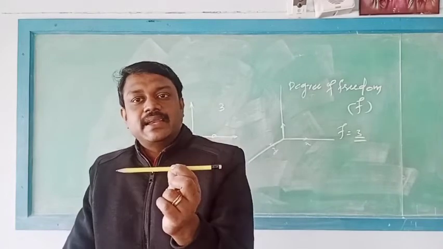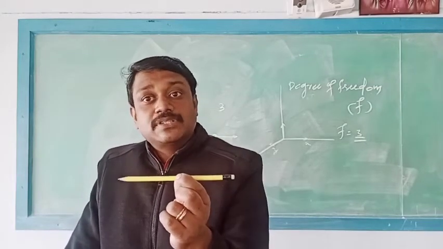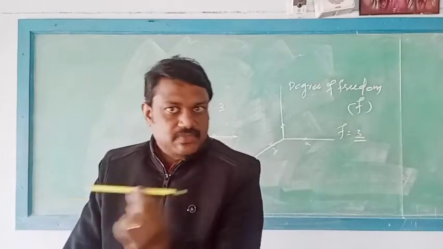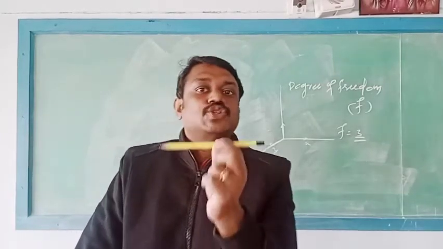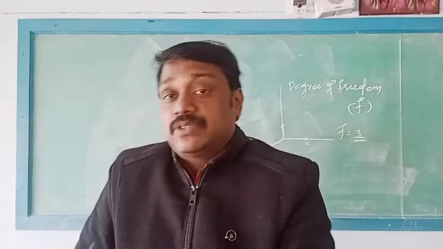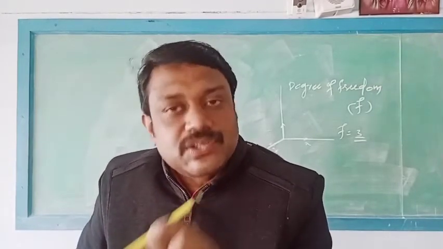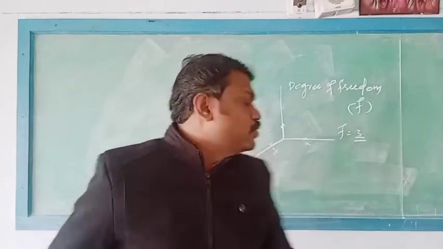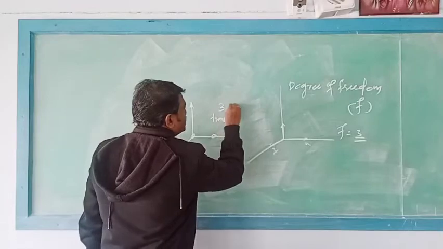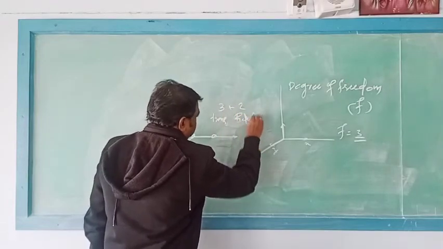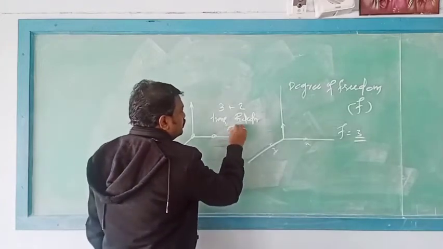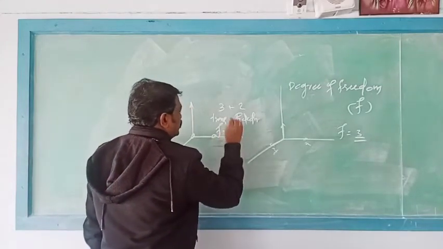So we can say that it has three translatory motions along the x, y and z directions, plus two rotatory motions. The third one is also there, but we are not considering it along the axis. So it has 5 degrees of freedom, F is equal to 5.